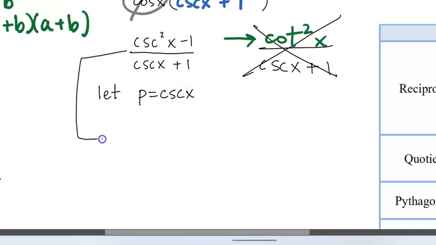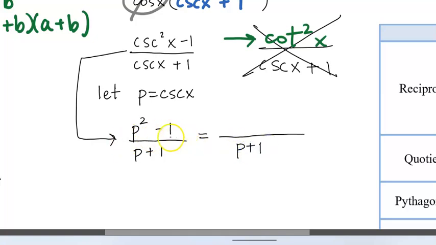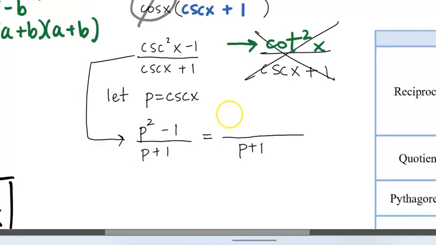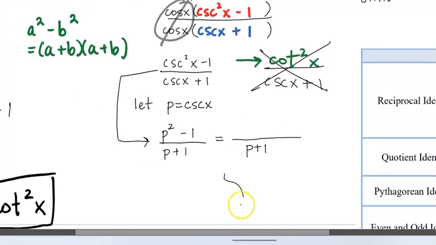So that means now when I rewrite this, I wouldn't write cosecant squared, I would just put p squared. And then I still have minus 1. And in the denominator, I wouldn't put cosecant plus 1, I'd put p plus 1. Now this looks something a lot more algebraic, very much so from 171, where hopefully we can factor the quadratic in the numerator. We're looking for 2 numbers that multiply to -1 and add up to 0, and those numbers are positive 1 and negative 1.